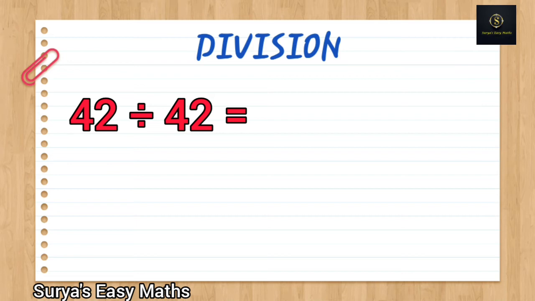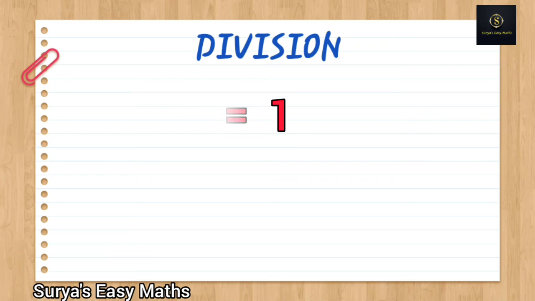Yes, correct. 42 divided by 42 is equal to 1. Why? Because it is the second property of division. When a number is divided by itself, the quotient is 1. Yes, because 42 ones are 42. So 42 divided by 42 is equal to 1.